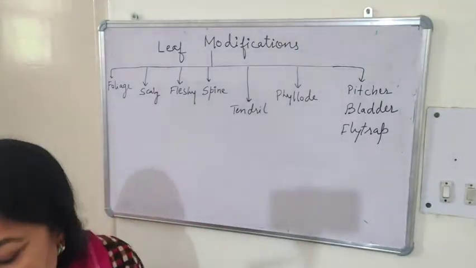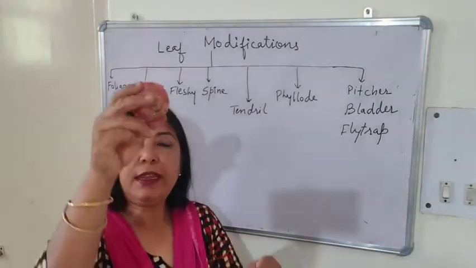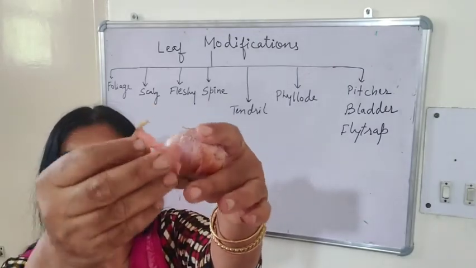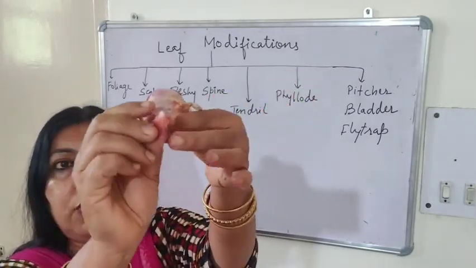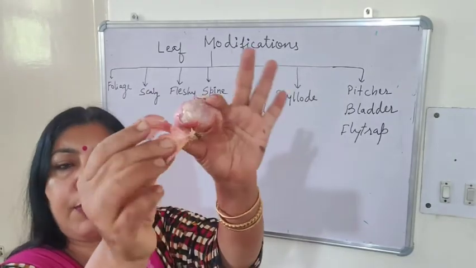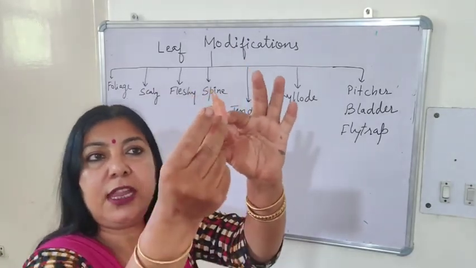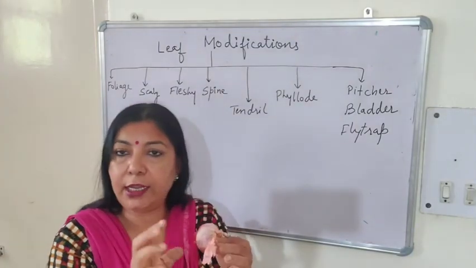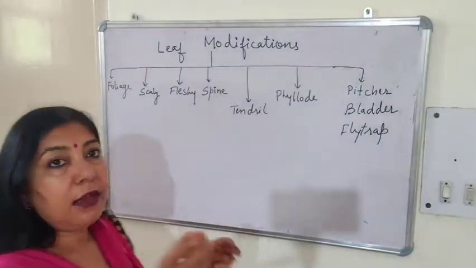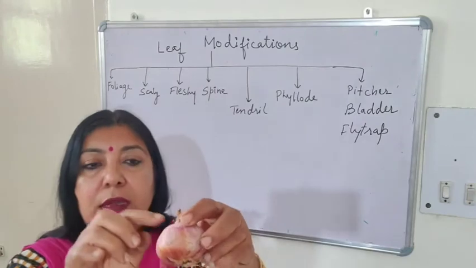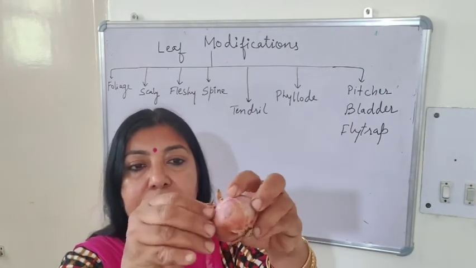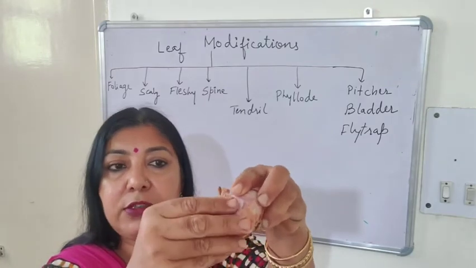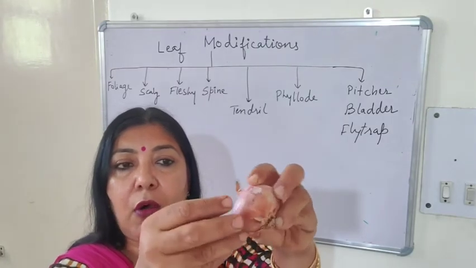Then next are the scaly leaves. Like in case of this onion, the leaf, this scaly paper-like leaf, which does not perform any photosynthesis. They are protective. So such leaves are called scaly leaves, brown colored leaves. Next are the fleshy leaves. So the other leaves which are present inside this onion, they are all fleshy. They are storing the food or water.